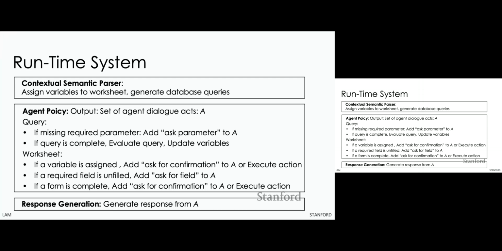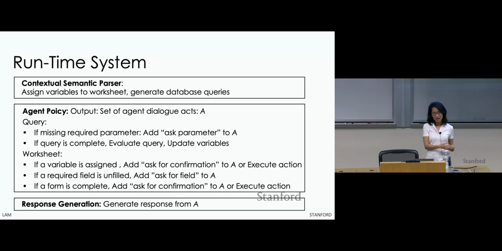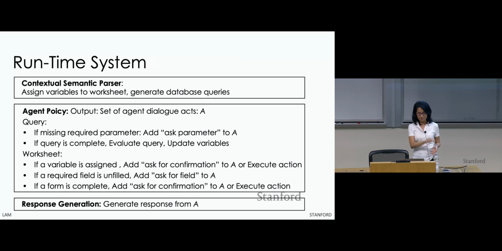If the query is complete, you evaluate it and update the variables. If you're talking about a task worksheet, it looks at whether the variable is assigned. And if you need to ask for confirmation before you execute an action, you do that, or you just go execute the action. And the same thing with the fields.